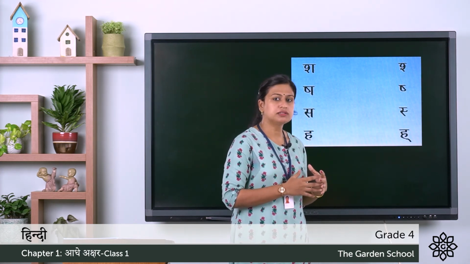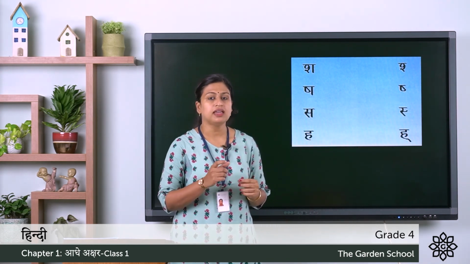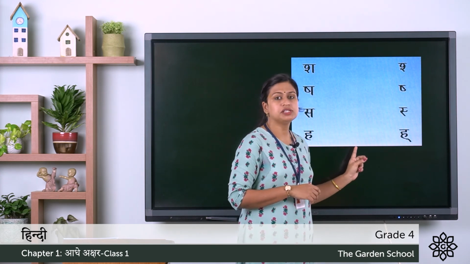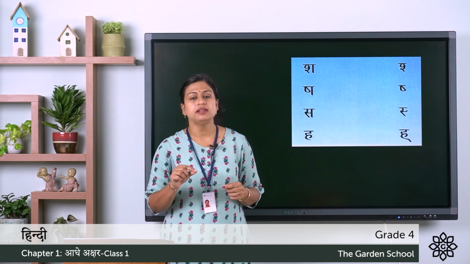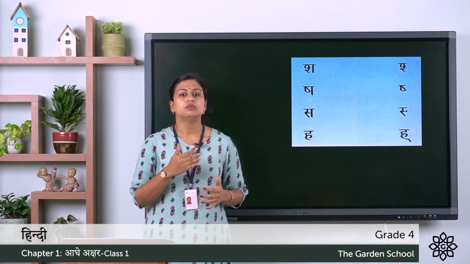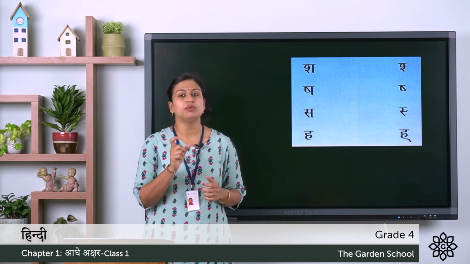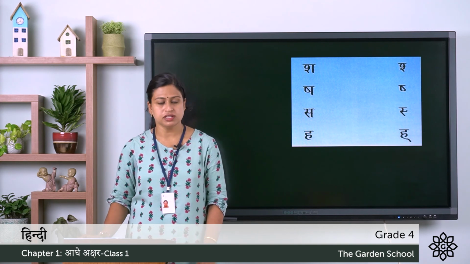For Sa also, in the half form, the standing line is missing and it has very short sound. Next one, it's Vyanjan Akshar Ha. In the case of Ha, we just write the Hal symbol. One thing you should note is that the Vyanjan Akshar with the Hal symbol has very short sound. So these are the half forms of Vyanjan Akshar.